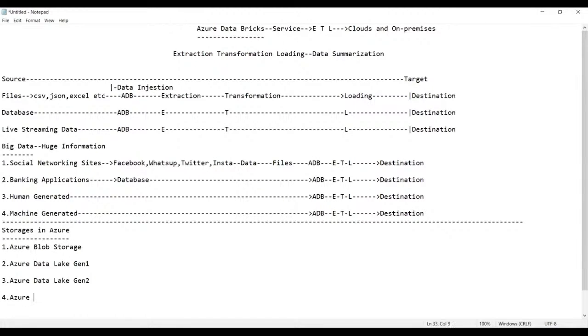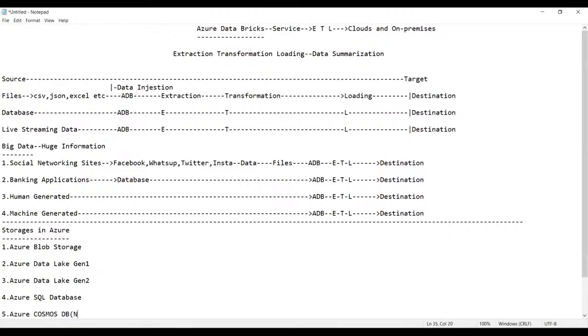Azure SQL Database. Then you have Azure Cosmos DB.